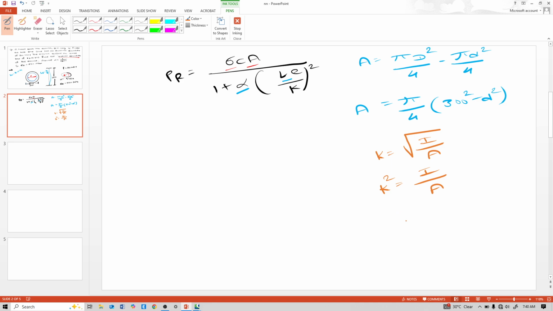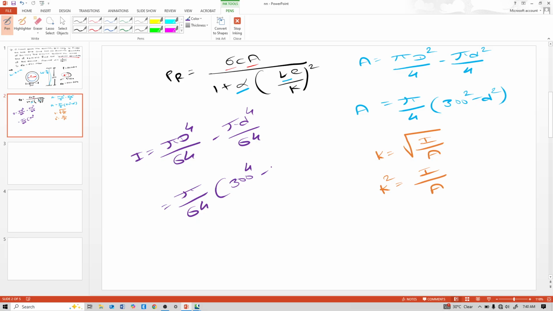So this I, now. I is nothing but the moment of inertia for that hollow circular shape: pi D raised to 4 by 64 minus pi small d raised to 4 by 64. So take this pi by 64 common. This 300 raised to 4, this is capital D, minus small d raised to 4.